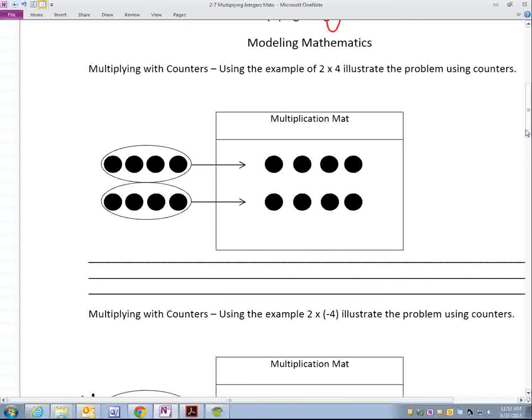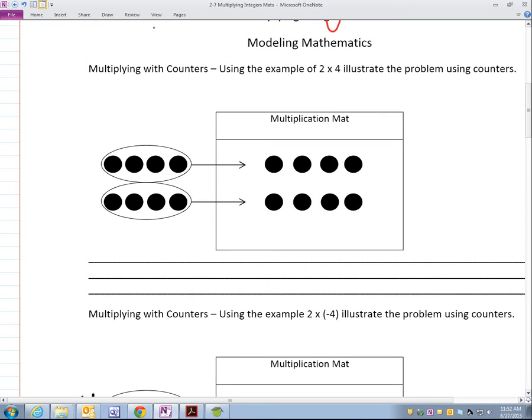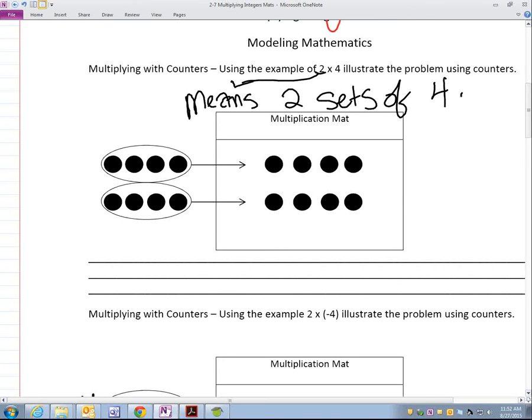Multiplying with counters. Using the example of 2 multiplied by 4 to illustrate the problem using counters. This means 2 sets of 4 integers.